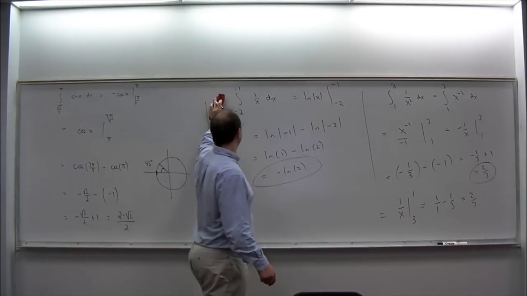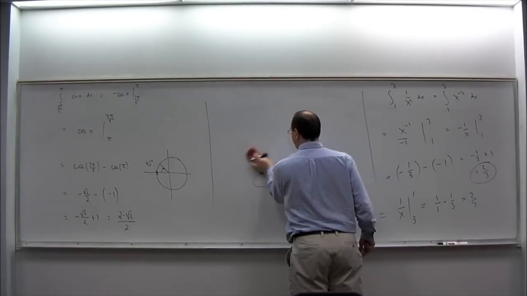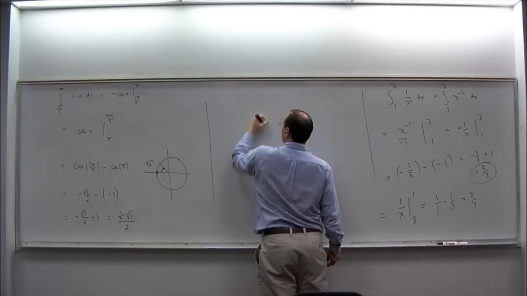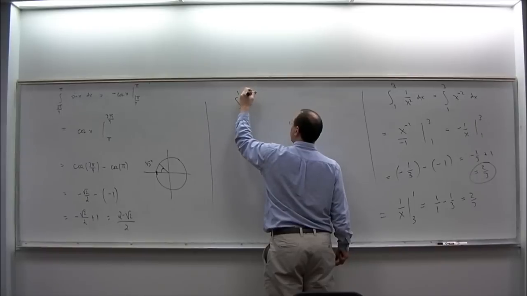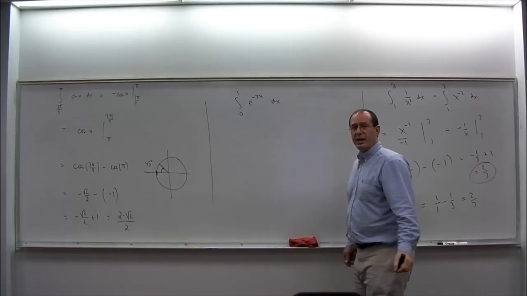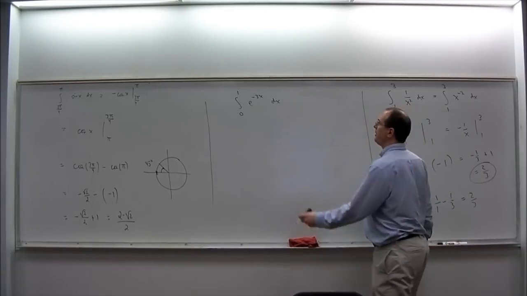And one last example. Let's consider the integral from 0 to 1 of e to the negative 3x dx. What is the antiderivative here?